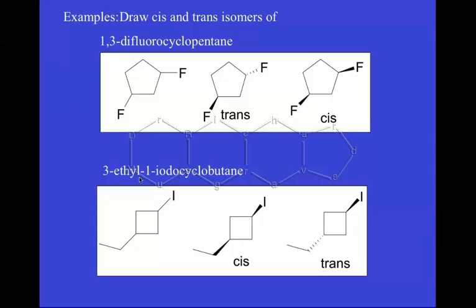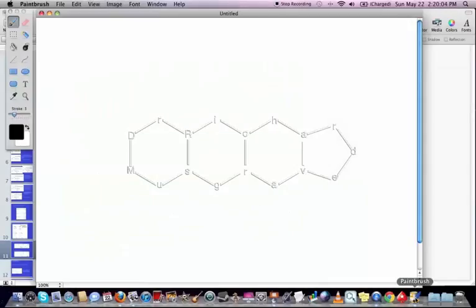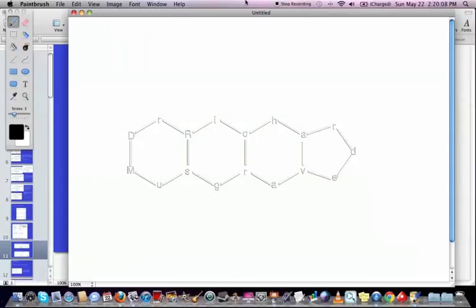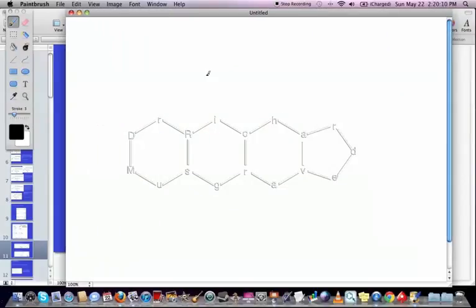Now when you get to a case like this, I'll do this one on the page here. This one is 3-ethyl-1-iodocyclobutane. Try that again.